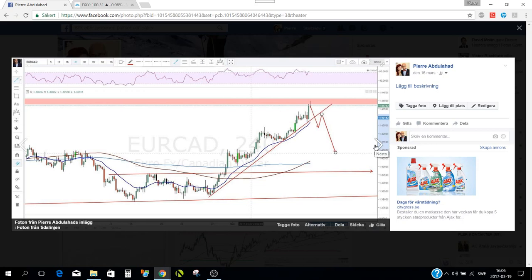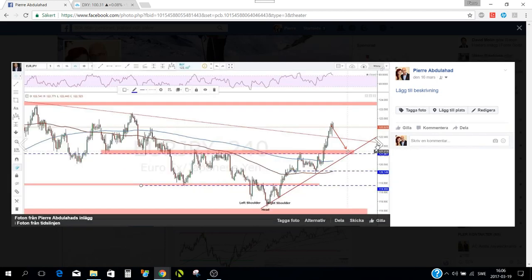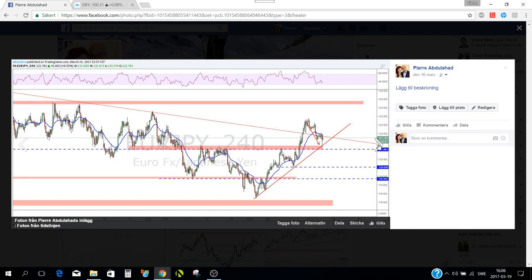We had Euro CAD, we said if you want to trade it to the downside, wait for a break of the trend line and the 20 moving average, and here is what we got on that one. And we talked about Euro JPY for a possible bounce down back to retest the structure and the trend line, and here is what we got last week.